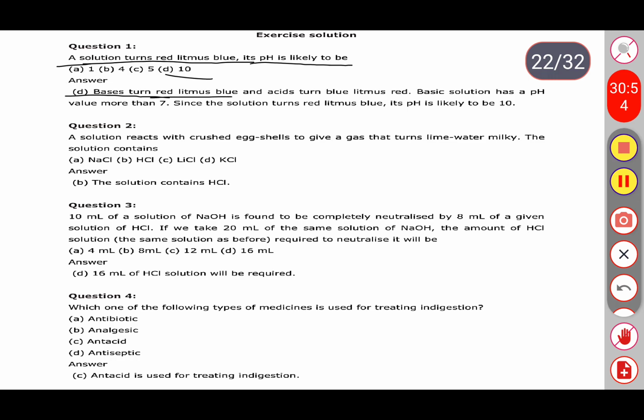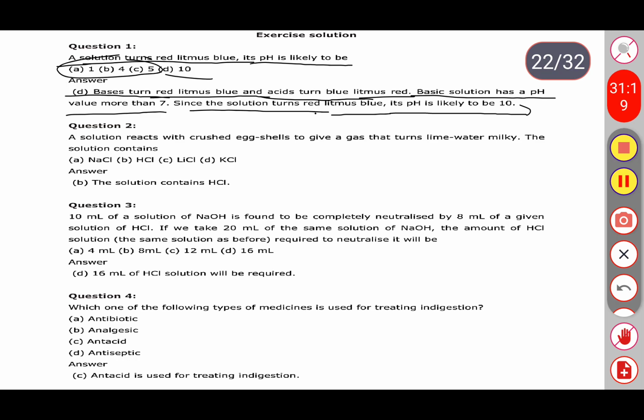Since the solution turns red litmus blue, its pH value is likely to be more than 7, that is 10. More than 7 means the remaining three values are less than 7. That's why we consider the value more than 7, that is 10. See the next second question.